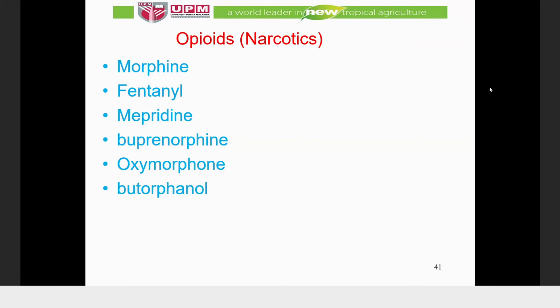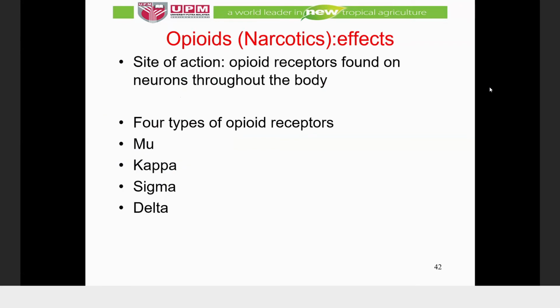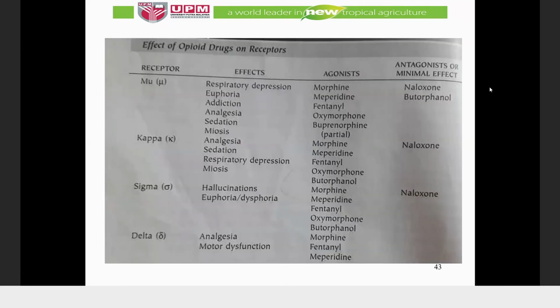Okay, how do they work? How do they act? So there are 4 types of opioid receptors, which are the site of action for the opioids, found on the neurons throughout the body. There are mu, kappa, sigma, and delta. Moving forward, we divide the drugs according to the receptors.